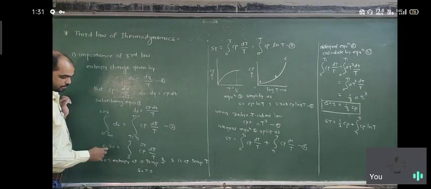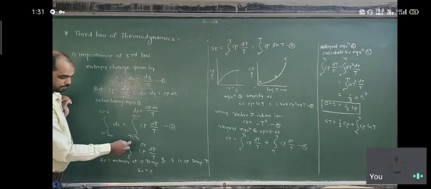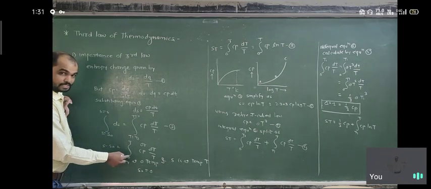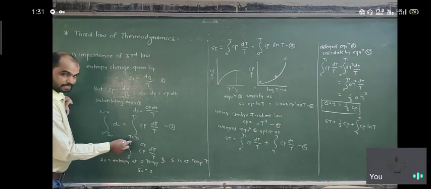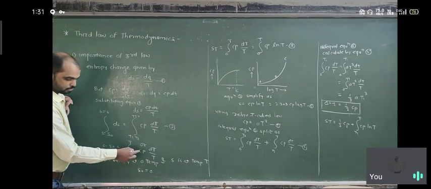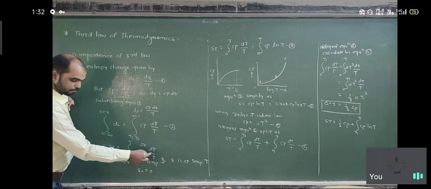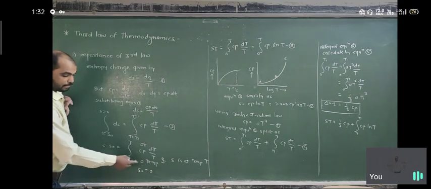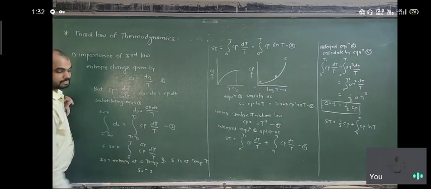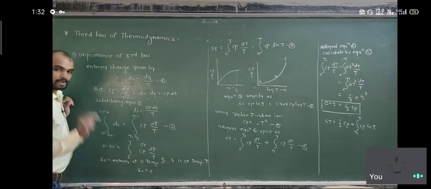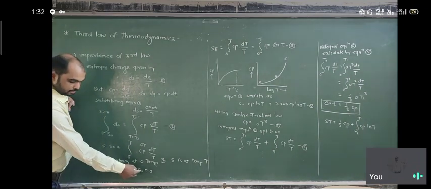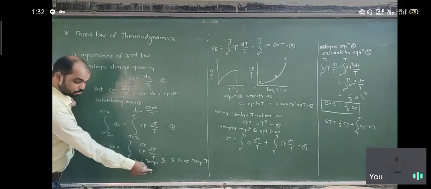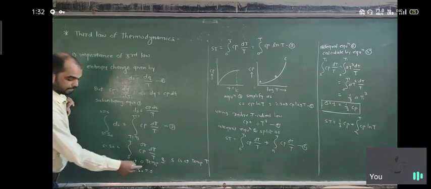Both are the same equation, but we already know S0 is the entropy at 0 temperature and S is the entropy at temperature T. According to the third law, S0 is equal to 0, meaning entropy at absolute zero temperature is always 0.